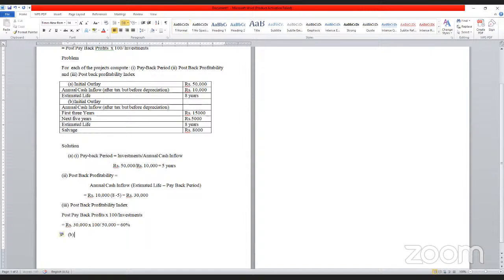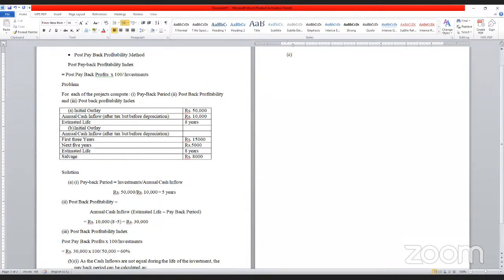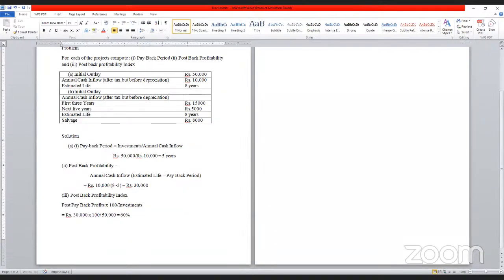For B, as the cash inflows are not equal during the life of the investment, we don't know the payback period directly, so we are calculating the payback period like this.